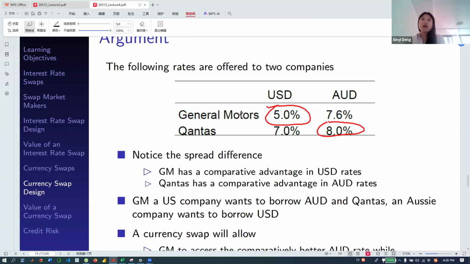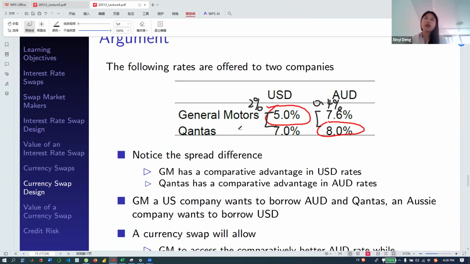So here, for USD, General Motors' cost of borrowing is cheaper by 2%. And also for AUD, General Motors' cost of borrowing is cheaper by 0.4%.